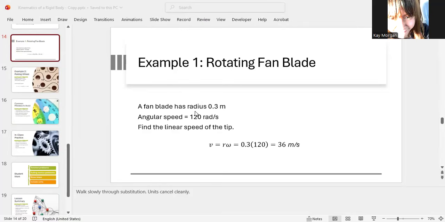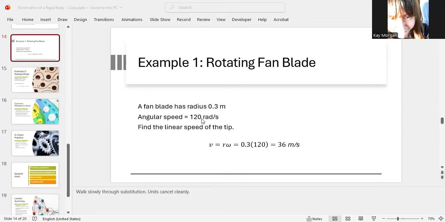R is your radius, because radius is the distance of a point away from the axis, which is your center, the rotating axis. Of course, your angular speed, which is omega, is 100 radians per second, because we measure the angular speed in terms of radians.